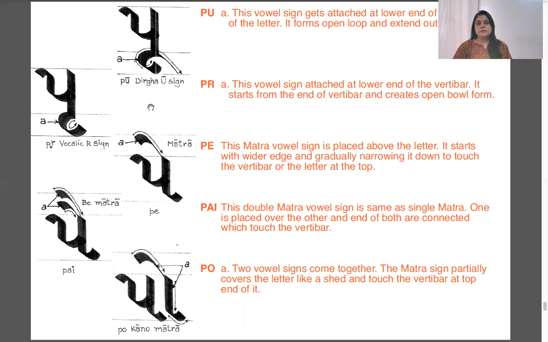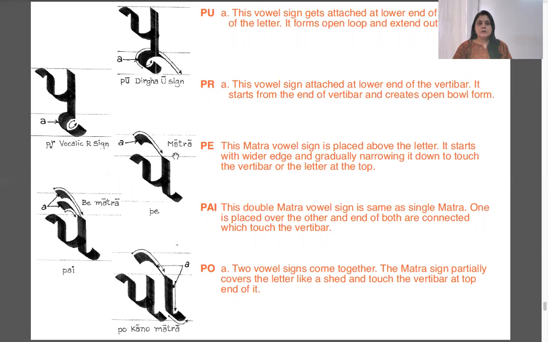Earlier one was inwards, this is outward. Now this is Ru. This vowel sign is attached at the lower end of the vertebra. It starts from the end of the vertebra and creates an open vowel form.